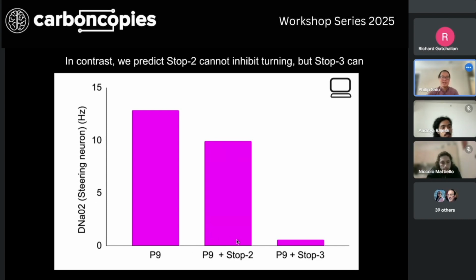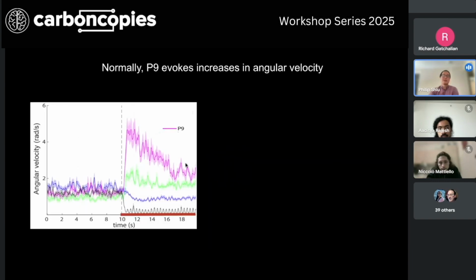But what's quite fascinating is that STOP2, in our computational model, can inhibit the forward velocity, but it cannot inhibit the activity of DNAO2. So this is the steering or turning neuron. We thought this was quite fascinating, that these two neurons had these slightly different predictions. So here I'm showing you the angular velocity.